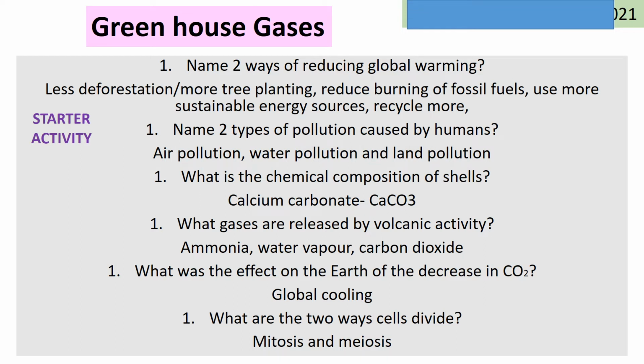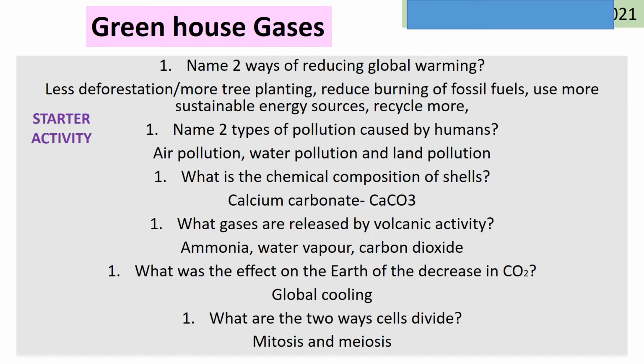There's plenty of ways in which to reduce global warming. I've just listed a few here: less deforestation and more tree planting, reduce the burning of fossil fuels, using more sustainable energy resources, recycling more. The list goes on. So you might have had them, you might have had some other ones.